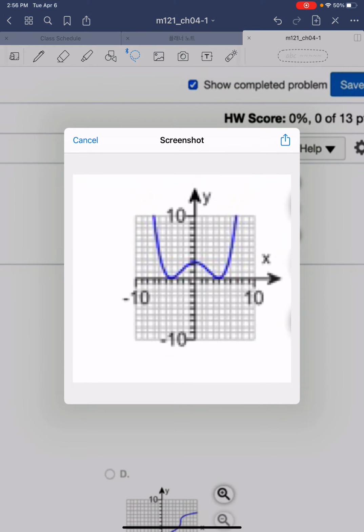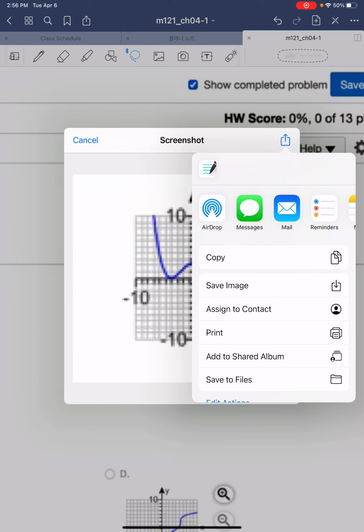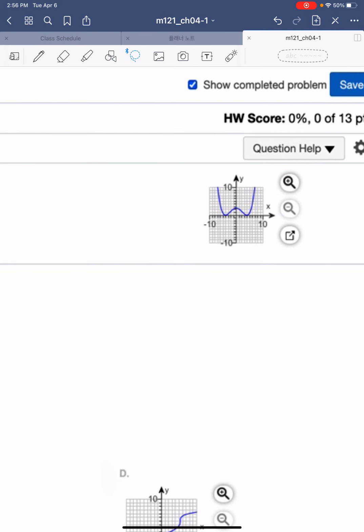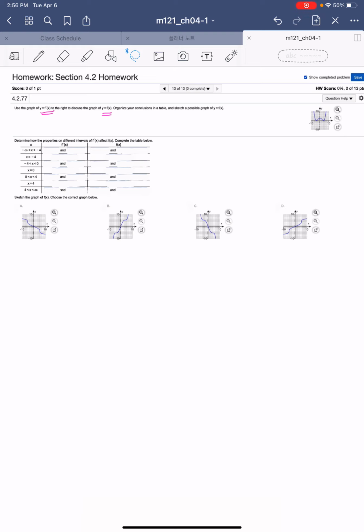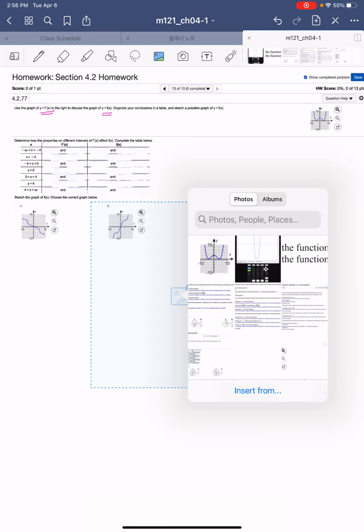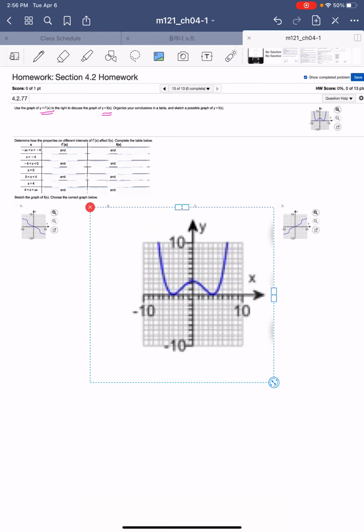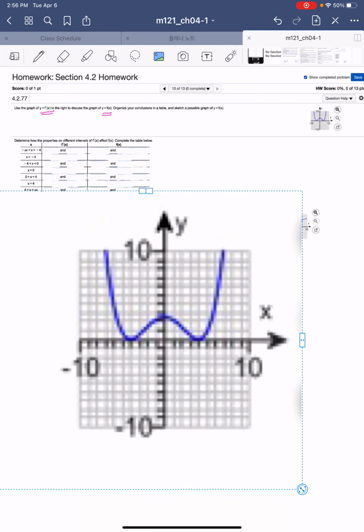Take a screenshot, save image, and I'll just put it kind of like a little bit bigger view. Okay, I'm gonna zoom in a little bit.